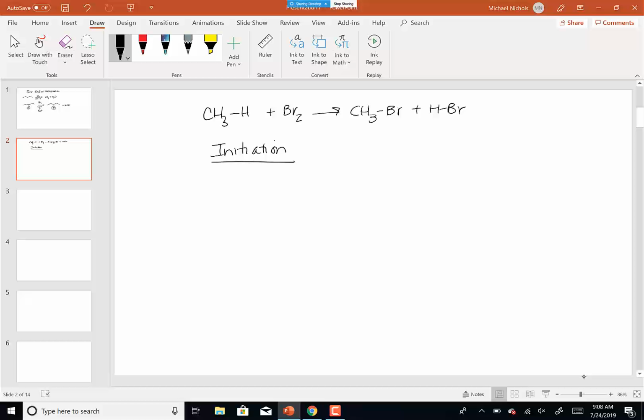And so in the initiation step, what happens is that my bromine molecule, and not all the bromine molecules, we really only need 1 or 2, are going to react with either the light or the heat, and they're going to break apart so that each bromine gets an unpaired electron.